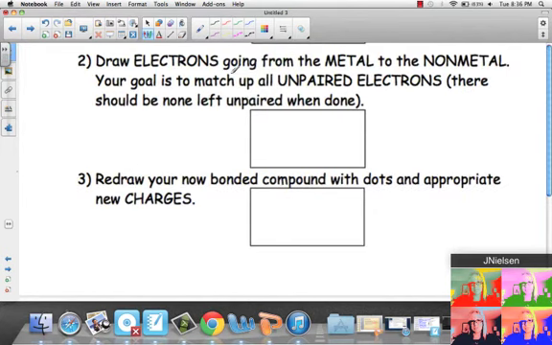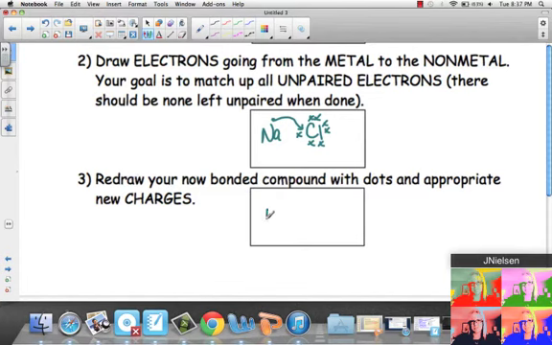So those are just my valence electrons. Then I'm going to draw the electrons going from the metal to the nonmetal. And remember, we want to match up all the unpaired ones. This is what we were doing with our activity in class. So there's my Na, here's my Cl, and this is going to come over here.